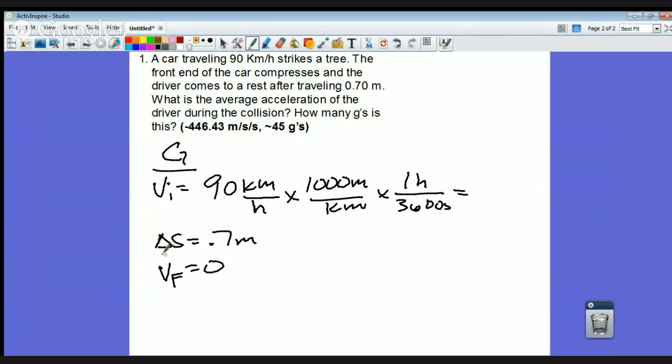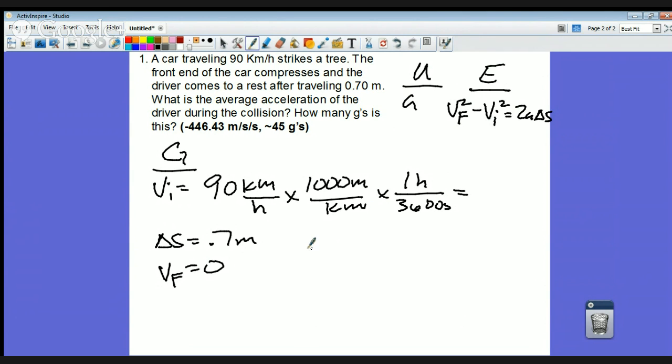So we know these three things, and we'd like to know the acceleration. An equation that has acceleration, initial velocity, final velocity, and change in position is Vf squared minus Vi squared is equal to 2a delta s. You can rearrange that and solve for acceleration, especially since you know that Vf is 0.